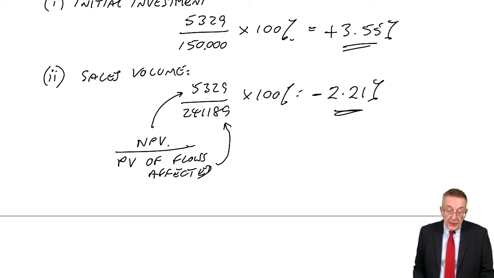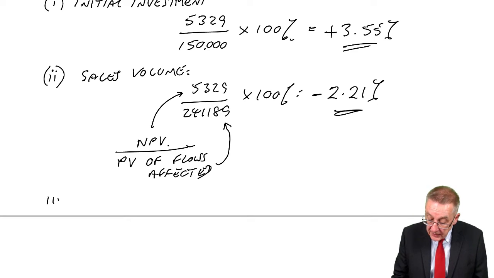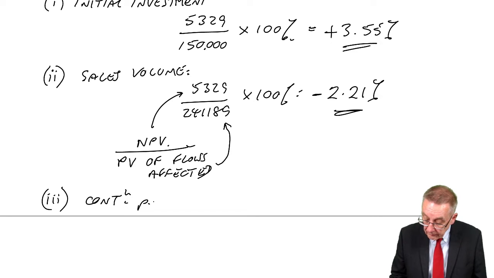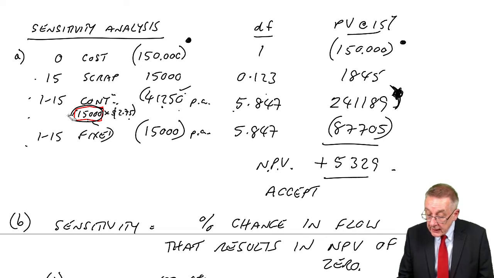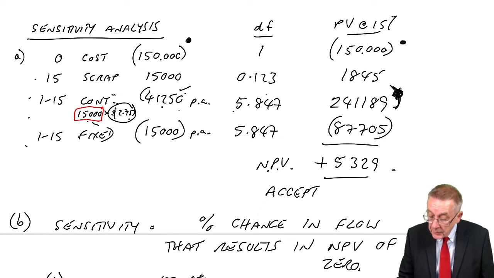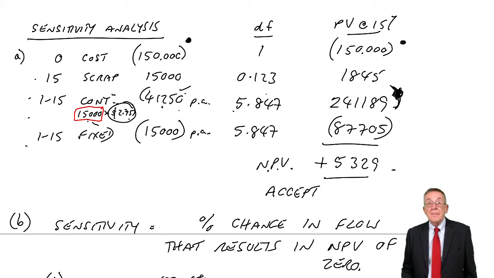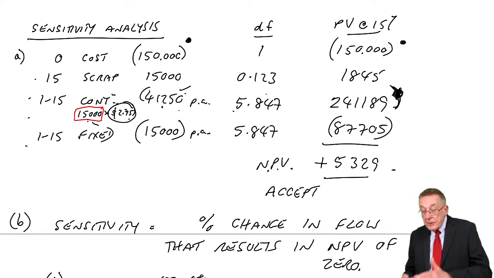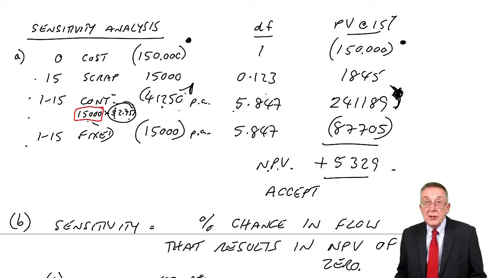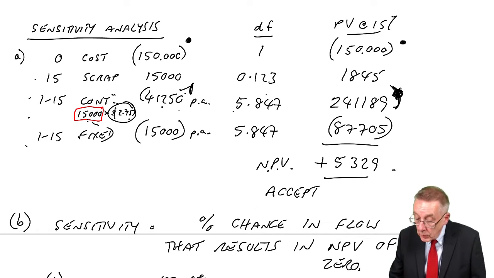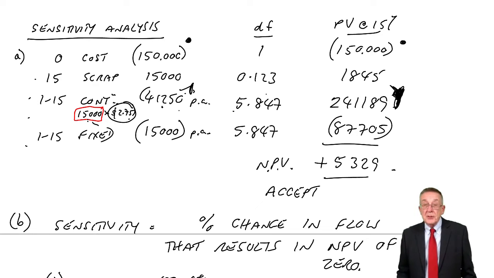All right, now we should be able to do the others very quickly. What about the contribution per unit? Again, assume everything else now is certain. It's only the contribution per unit that we're concerned about. Well, if contribution per unit changes, total contribution changes. If total contribution changes, the present value of the contribution changes.